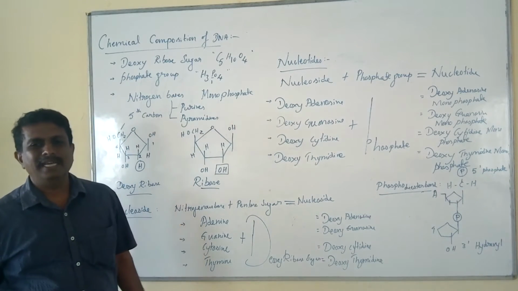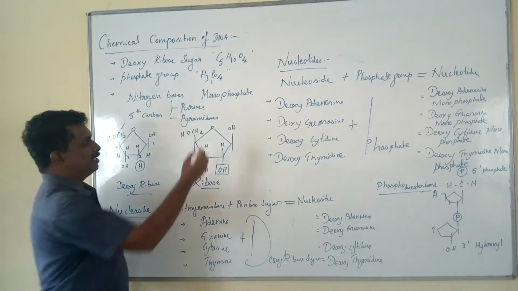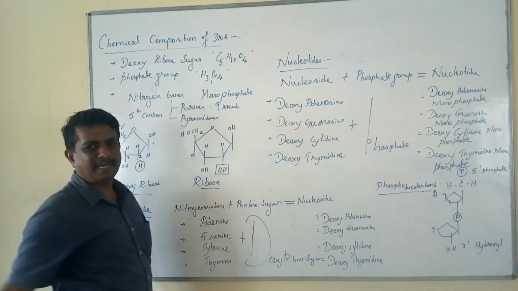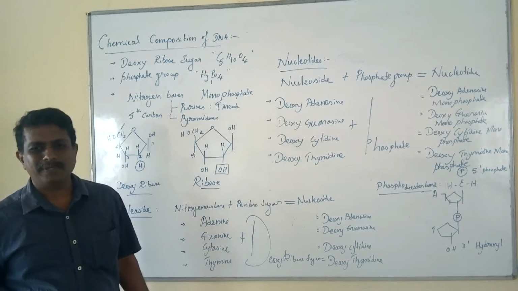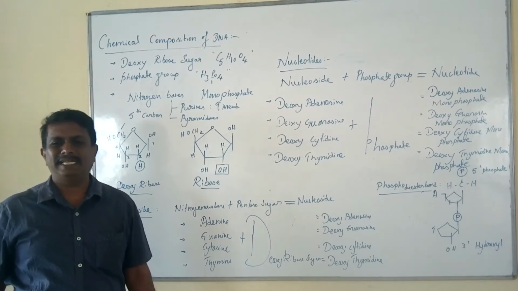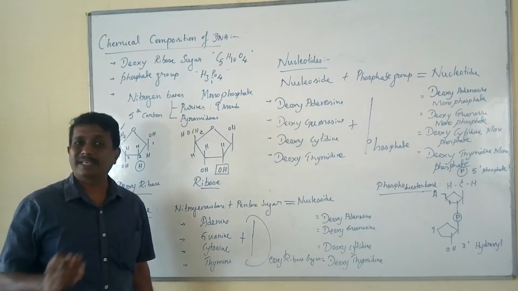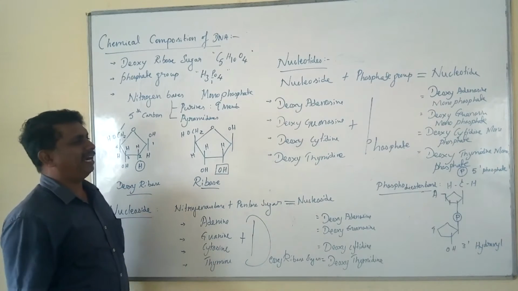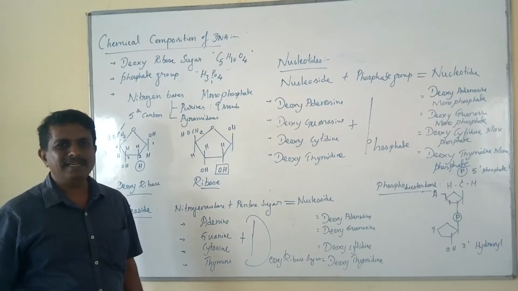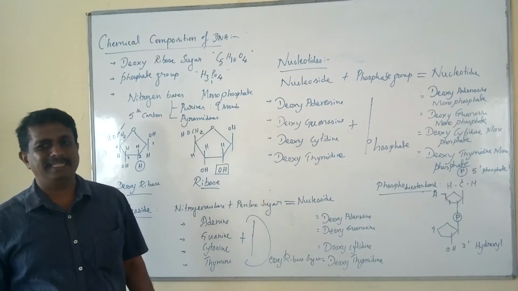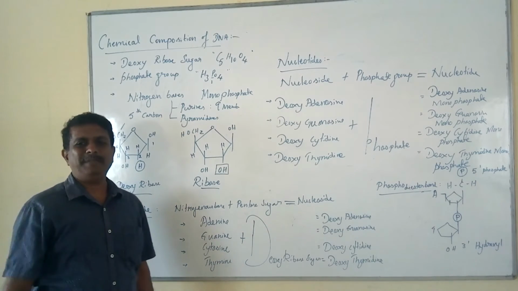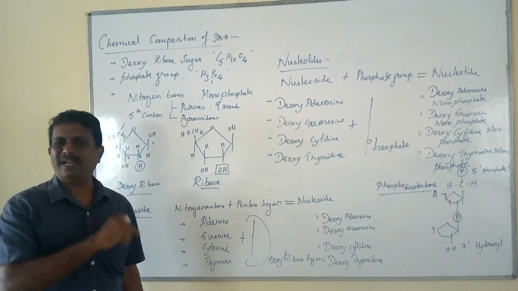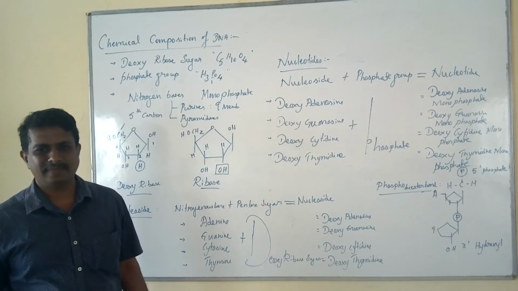Purines are 9-membered compounds, double rings with nitrogenous bases only at the first, third, seventh and ninth positions.